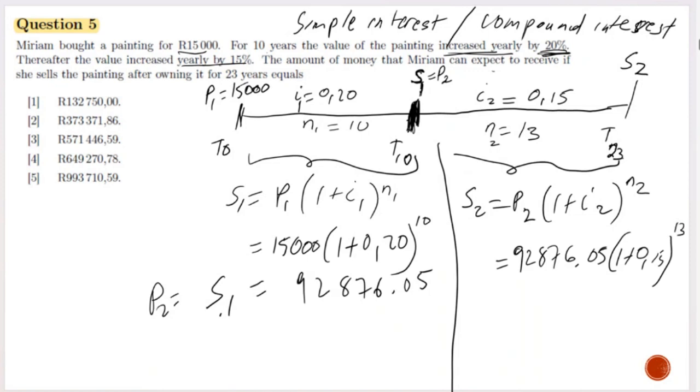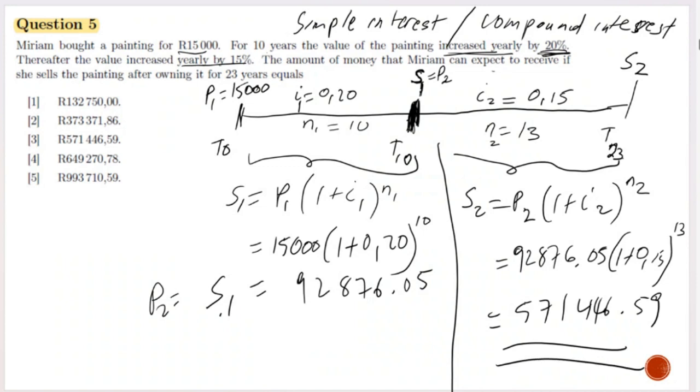This is compounding annually, so I don't need to worry about the compounding periods. This is just going to be 571,446.59. That is the accumulated amount on year 23.